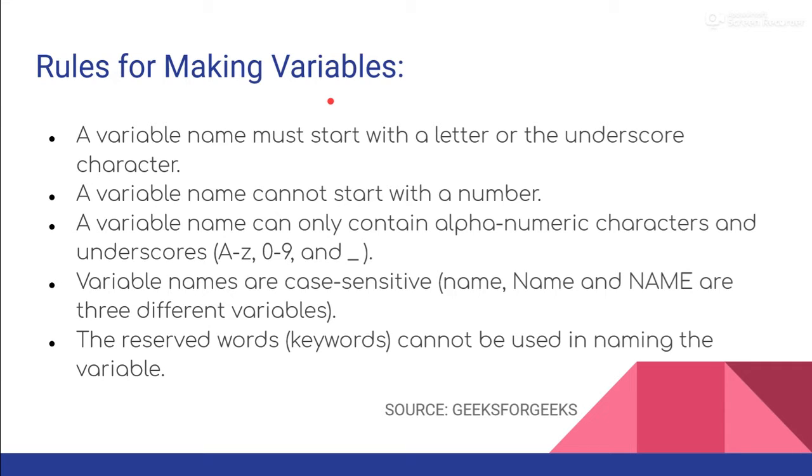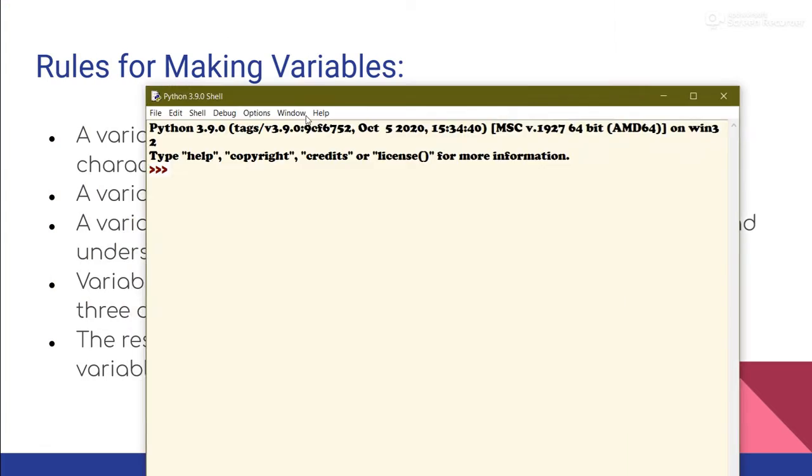So let's start. A variable name must start with a letter or the underscore character. Now let's just open up IDLE so that I can show you the things in action. Just a sec. So there we go, IDLE has been launched.